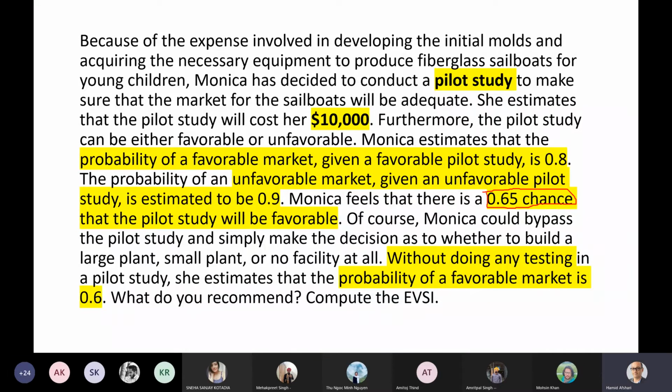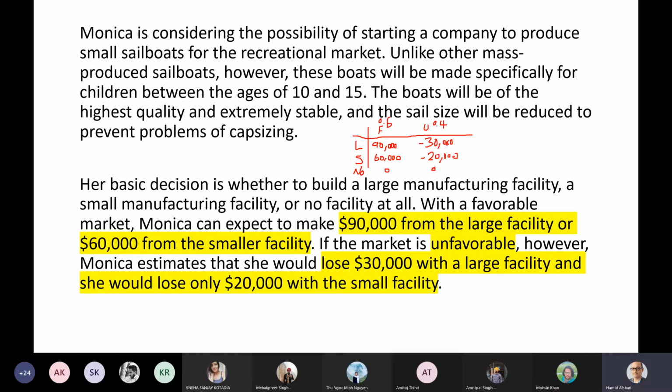If you want, I can go back to this slide as well. All you need from this slide is just a table, the decision table. And probabilities are also given in this table.